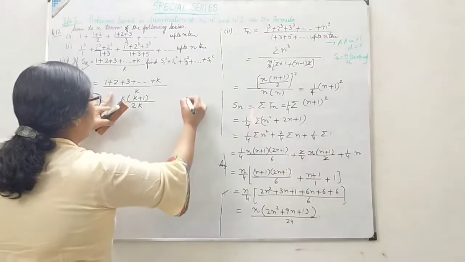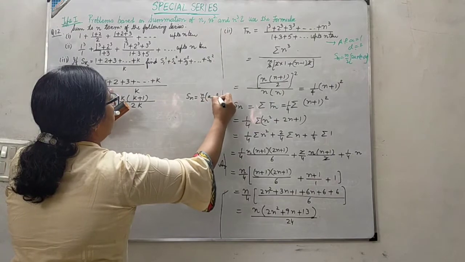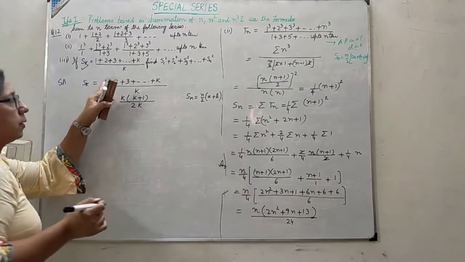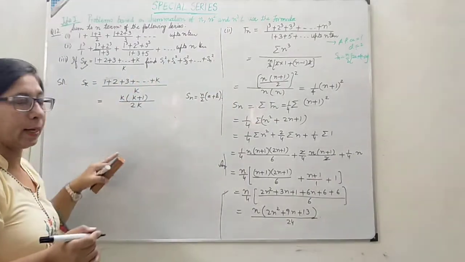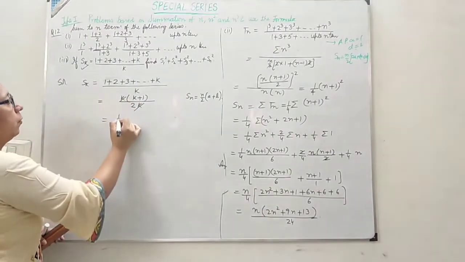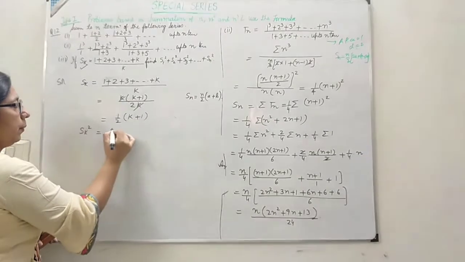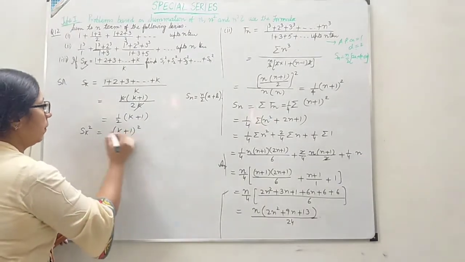I have applied the AP formula Sn as n by 2 into 2a plus n minus 1d. Or you can simply write the sum of first n natural numbers, here k natural numbers, so k into k plus 1 by 2. This k gets cancelled, we are left with half into k plus 1. That means Sk square will be k plus 1 whole square by 4.